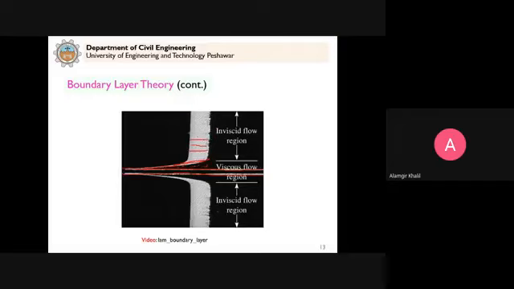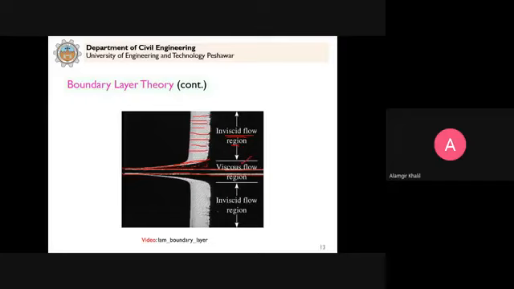That's why within this region we have viscous flow. But outside this region, the boundary layer, we say that it is inviscid, non-viscous, zero viscosity, an inviscid flow region. The fluid will behave as if it is ideal.